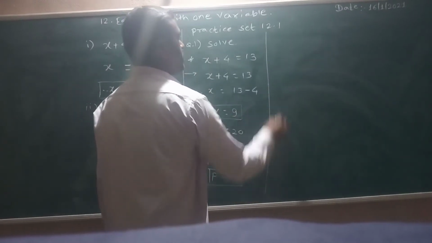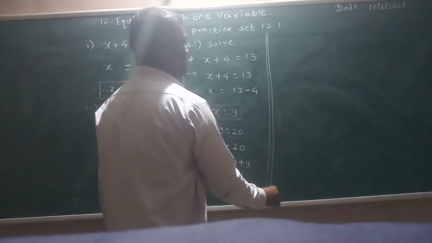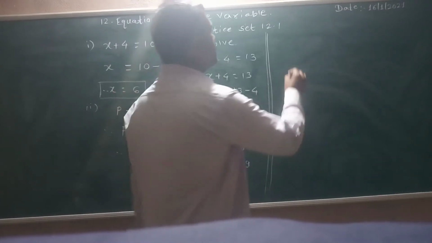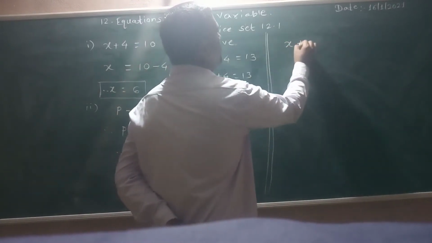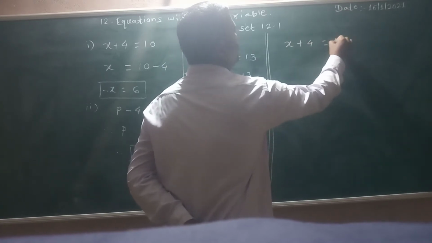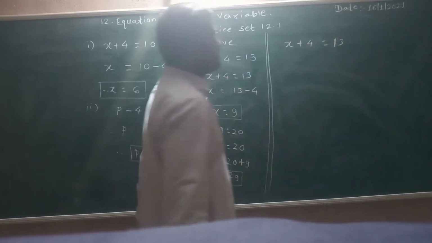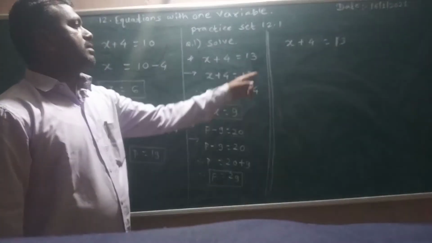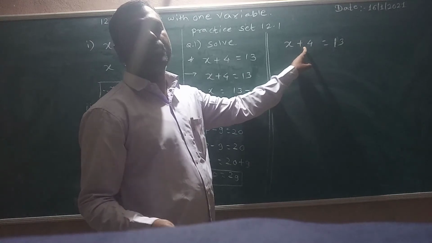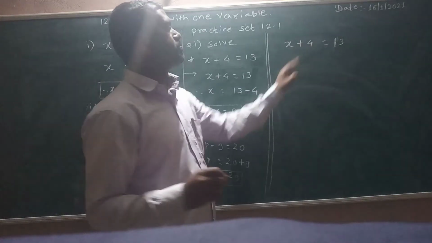Let us see here in 6th standard how it is possible x plus 4 is equal to 13. In 6th standard we learnt about equalities in operations. See here plus 4's opposite number is minus 4.